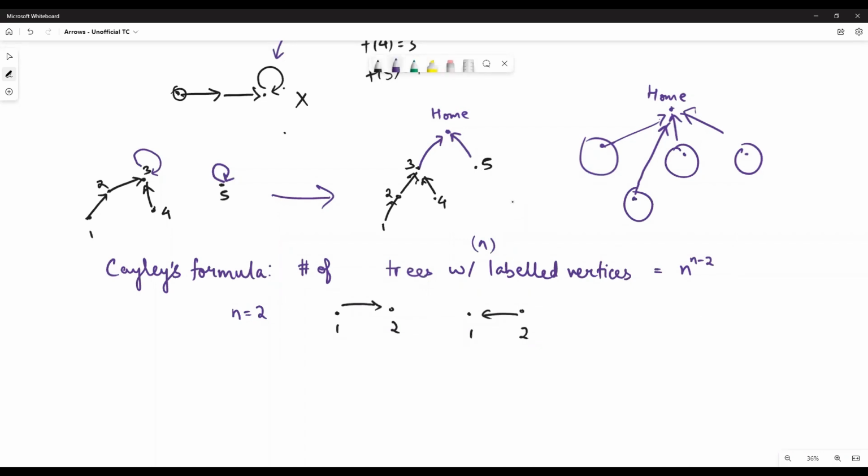And for directed trees, n labeled vertices, is it like 2 to the n minus 1, that thing?